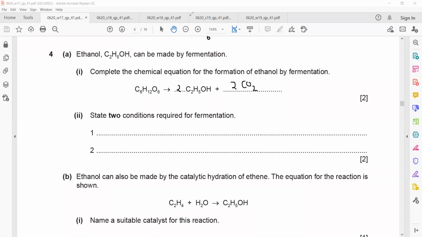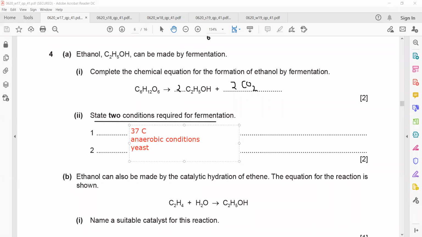Now, what are the essential conditions for fermentation? What do we need for fermentation? Room temperature, or a temperature around 37, 30 to 37, anaerobic conditions, meaning in the absence of oxygen. We should use yeast and aqueous glucose.